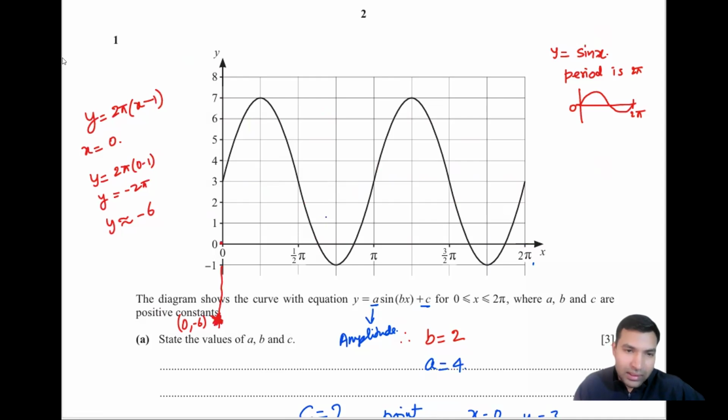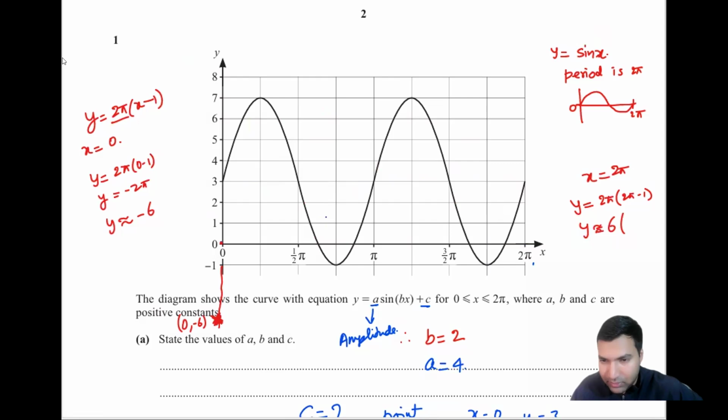Now since the gradient of this line, 2 pi, is positive, it will be a rising upwards graph, isn't it? Now at x equal to 2 pi, how much is y? So 2 pi times 2 pi minus 1. 2 pi is approximately 6, so 6 minus 1 is 5, and 5 times 6 is 30.